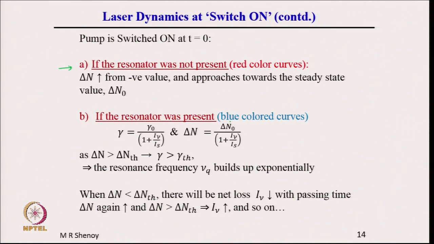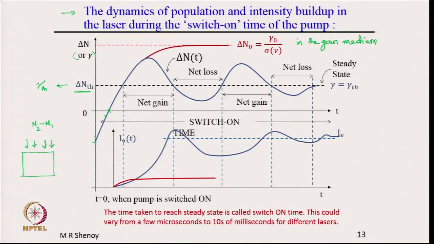If the resonator were present, let us first read this. We know that there is a saturated gain coefficient. Let us go back. If the resonator were present, as soon as we cross delta n threshold, the gain coefficient gamma here is greater than gamma threshold, because this is the gamma threshold value.